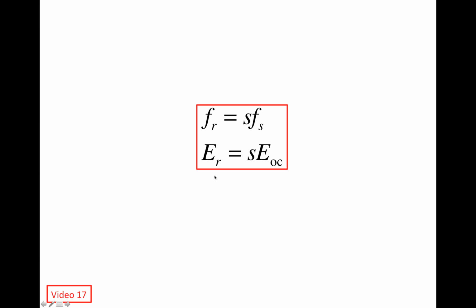And then the induced voltage, capital ER, equals the slip times the so-called open circuit voltage, E. Here it's capital E, not a small e, right? In previous videos, we have been using small e to represent voltage. Those are instantaneous values of voltage, but here we are using effective values.